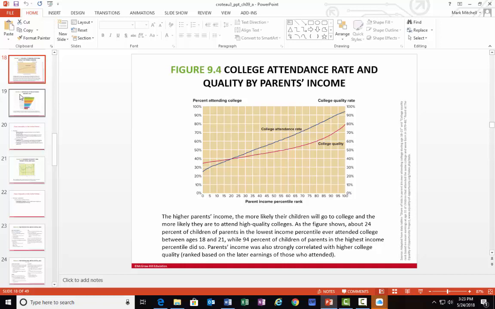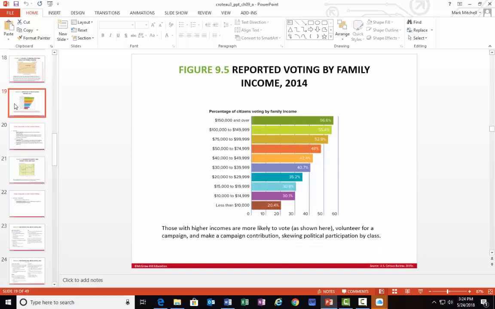So that's a very interesting chart, at least most of it seems to show that. Here it shows that politically, people who vote more are the people who earn the most, and people who don't earn as much typically don't vote as much, at least according to the data in our chart from just a few years ago.